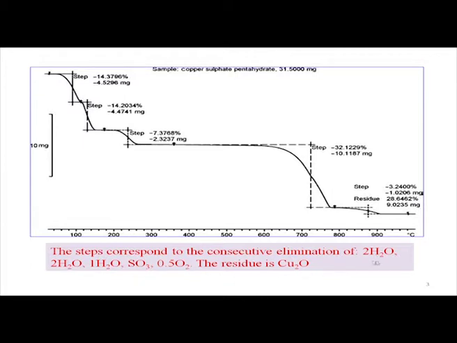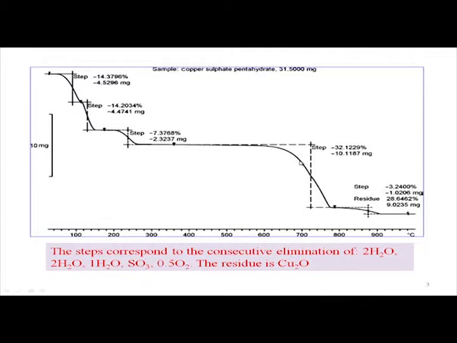So, if we have this copper sulphate pentahydrate, we find step number 1, step number 2, step number 3, step number 4 and step number 5. So, 1, 2, 3, 4, 5. What is the corresponding step?